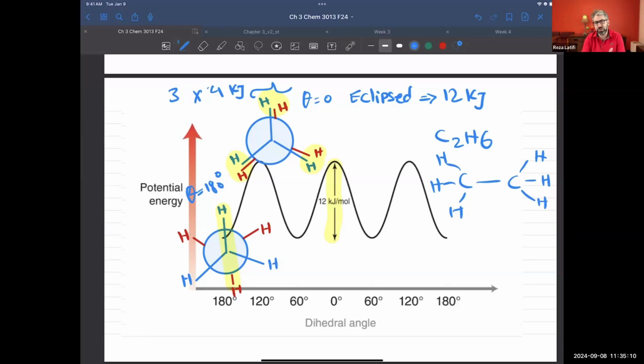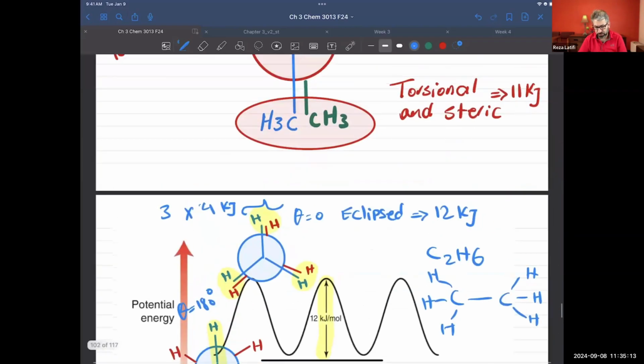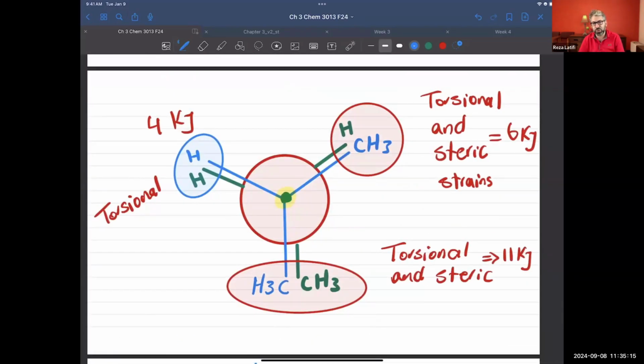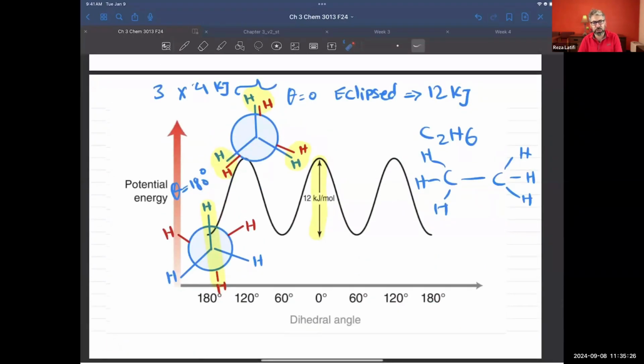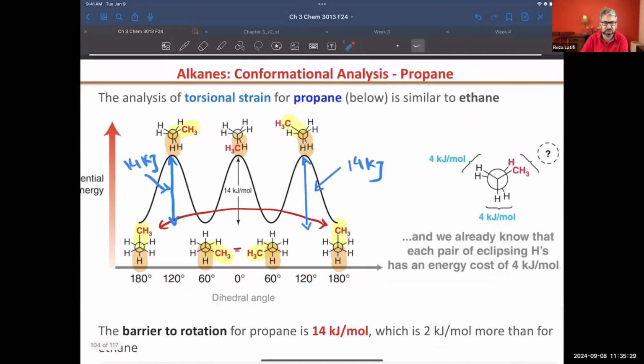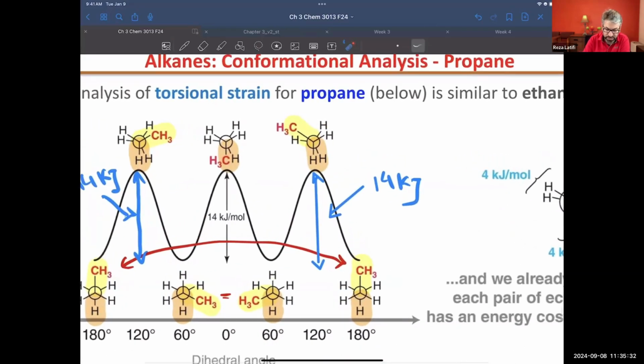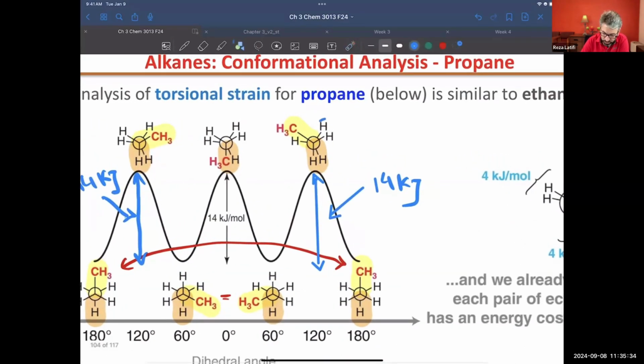Now, what will happen if I replace one of the H by methyl? If I replace H by methyl, the energy goes from 4 up to 6. But I'm going to replace only one of them. So one of these 4 will be replaced by 6 kilojoule. For a molecule like propane, I have 4 kilojoule here, 4 kilojoule here, and this is the new one, which is going to cost us 6 kilojoule.